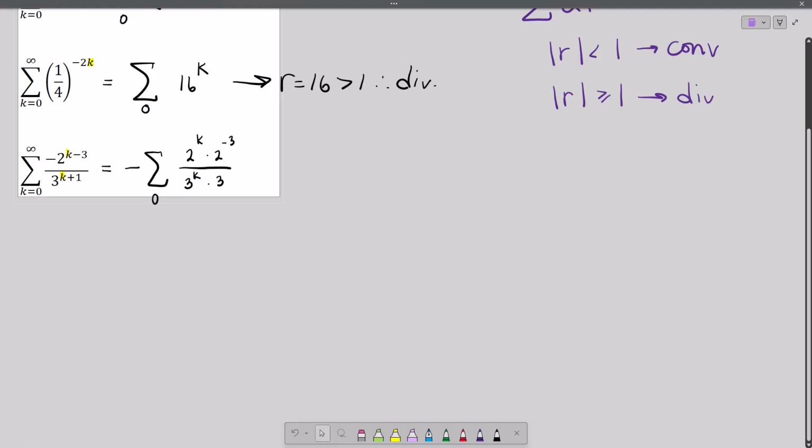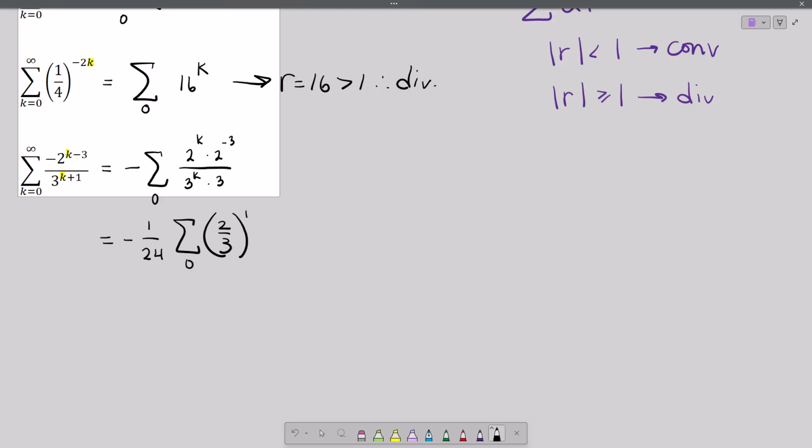So we're getting close. We've peeled away some of this extra stuff that's happening to the exponent. These constants can come out to the front. 2 to the negative 3 is 1 over 2 to the 3, which is 1/8, times 1/3 is 1/24. So now we're sitting on that. 2 to the k over 3 to the k, we can write it like that.